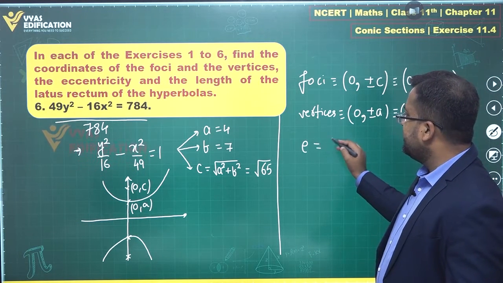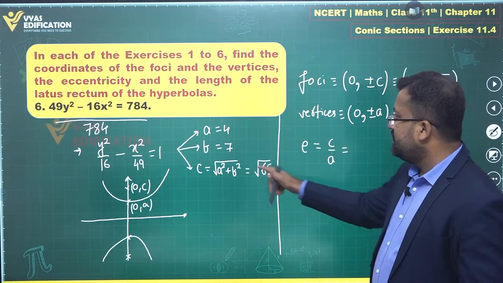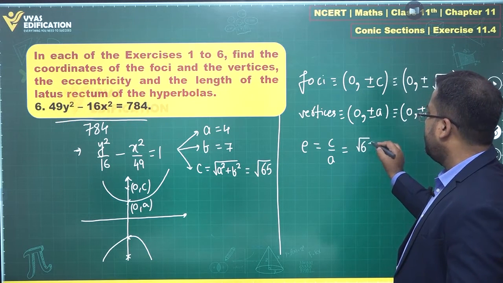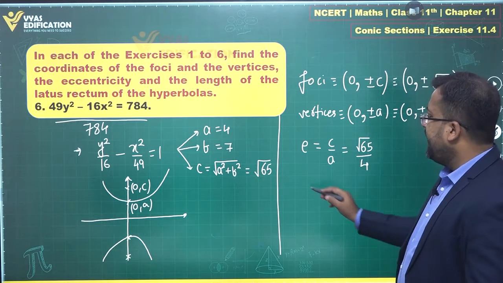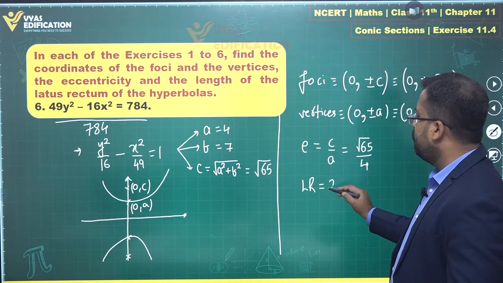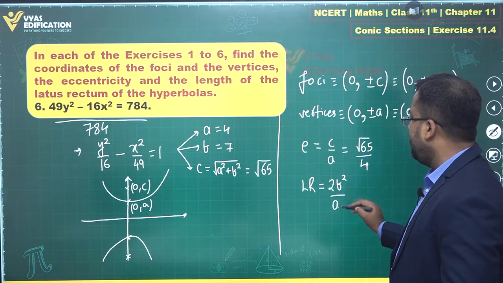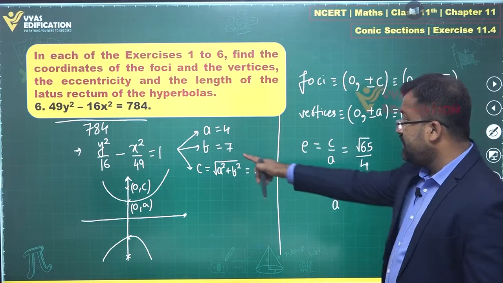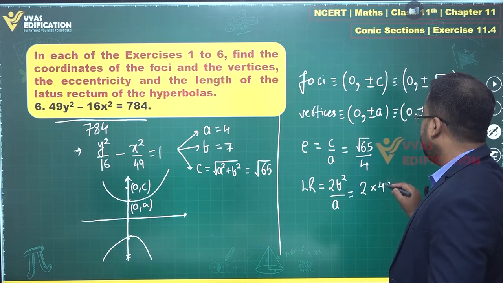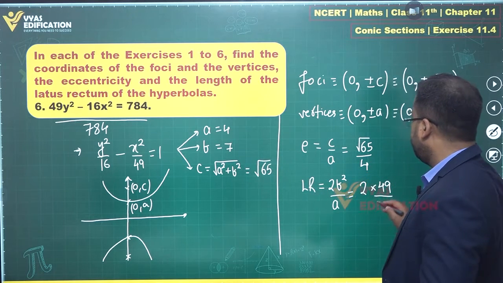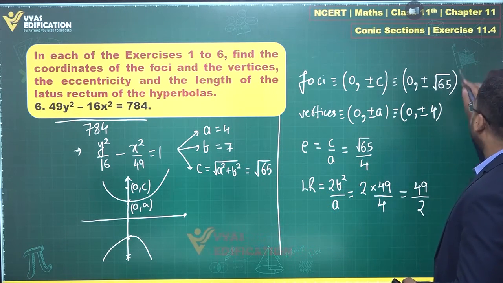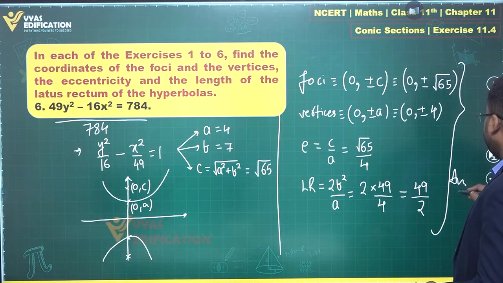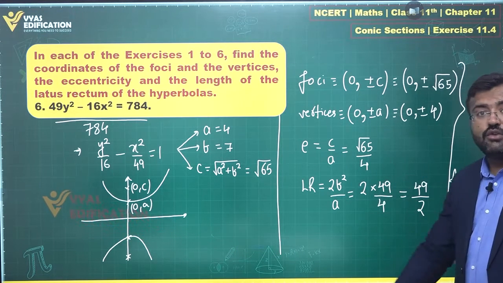What about eccentricity? Eccentricity is c upon a, which is root 65 upon 4. That's the value of eccentricity for us. Latus rectum, as you can see, is 2b square upon a, which is 2 times b square, 49 upon a, which is 4, which is 49 upon 2. And yes, that's the complete answer for this particular question over here.